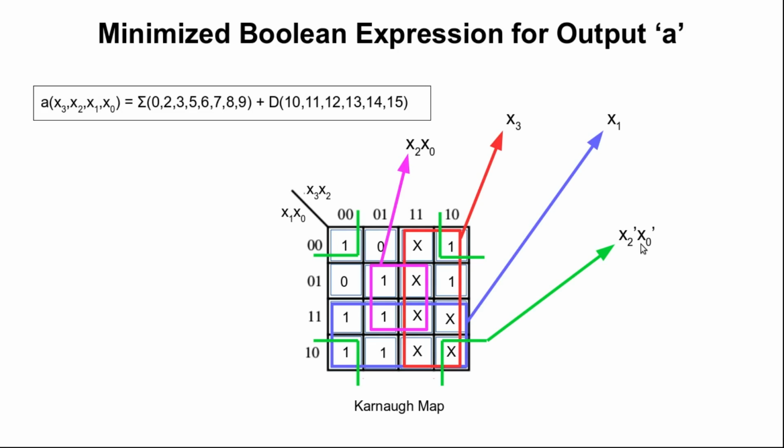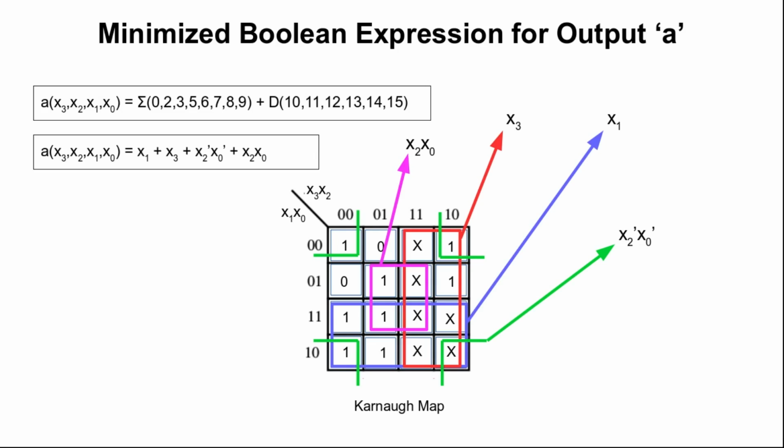So like this we got the product term for each of the groups. So I can now write the minimized Boolean expression as A equal to x1, plus x3, plus x2 prime x0 prime, plus x2 x0. So this will be the minimized Boolean expression for the output A.